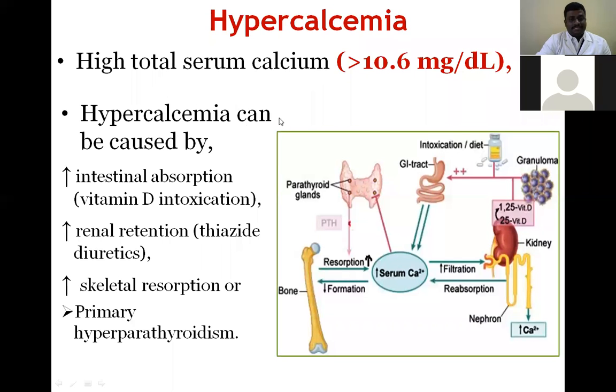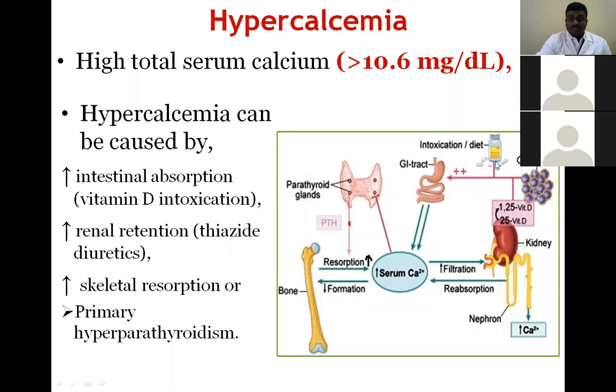Serum calcium is elevated when more calcium is absorbed from the intestine, which depends on vitamin D concentration. When vitamin D concentration is elevated, there is a chance of more calcium absorption in the intestine.